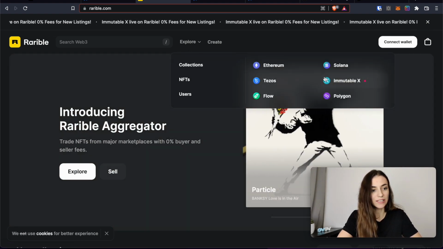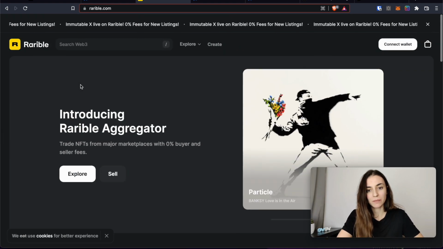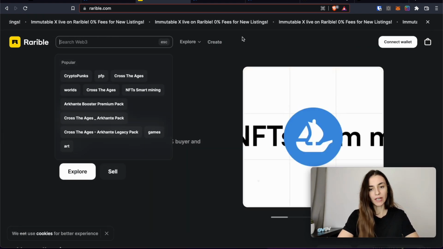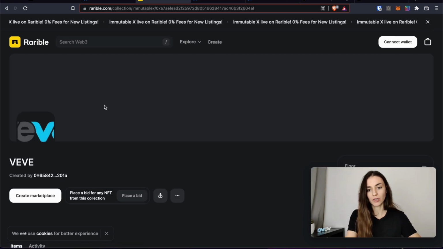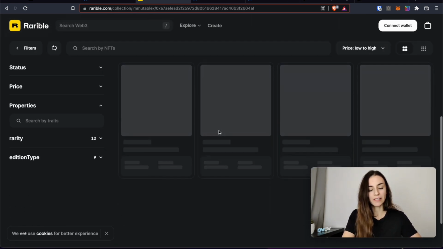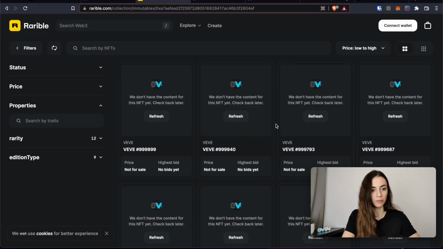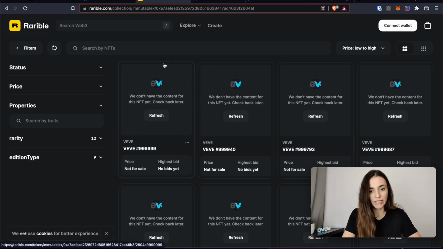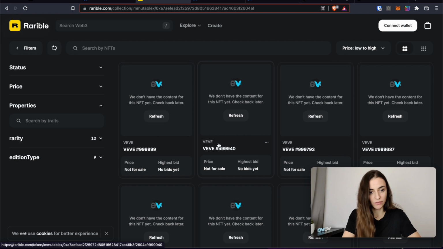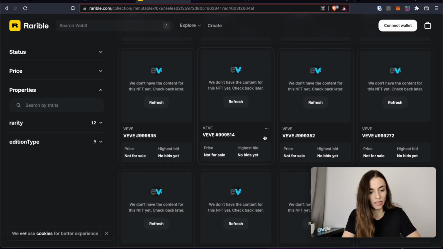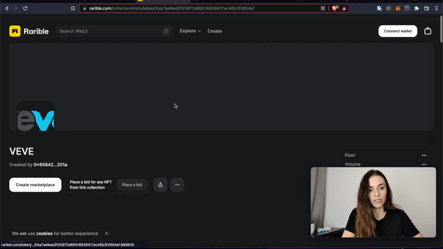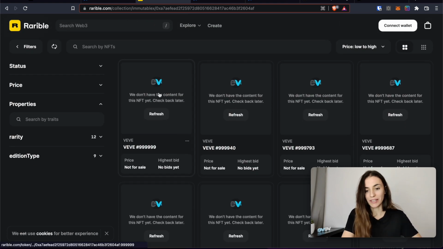and we also see here ImmutableX. So before, Veve was already there, because it's on ImmutableX, but you couldn't see any collectibles here. Most of the collectibles you just don't get any data for. It just says Veve and the token ID, and you have no idea what NFT this is. But this has changed now.